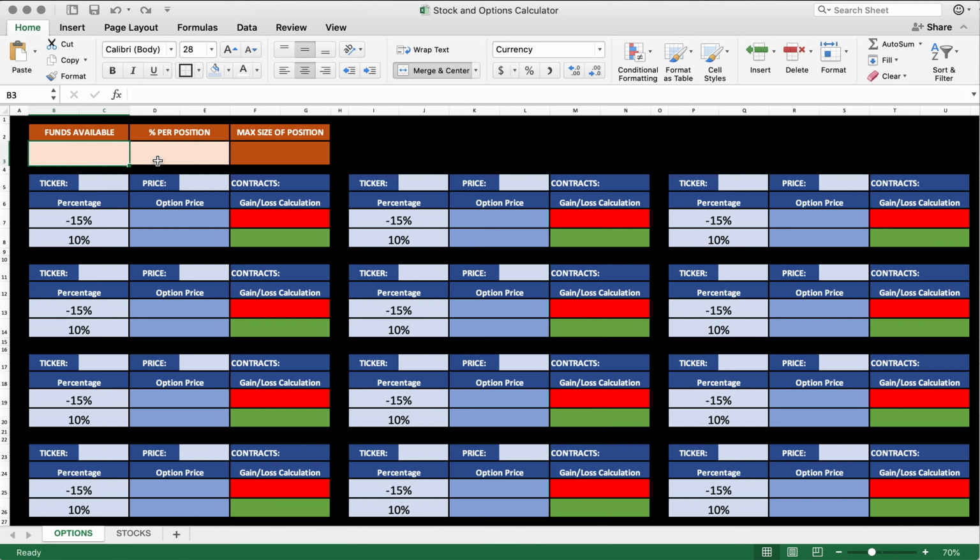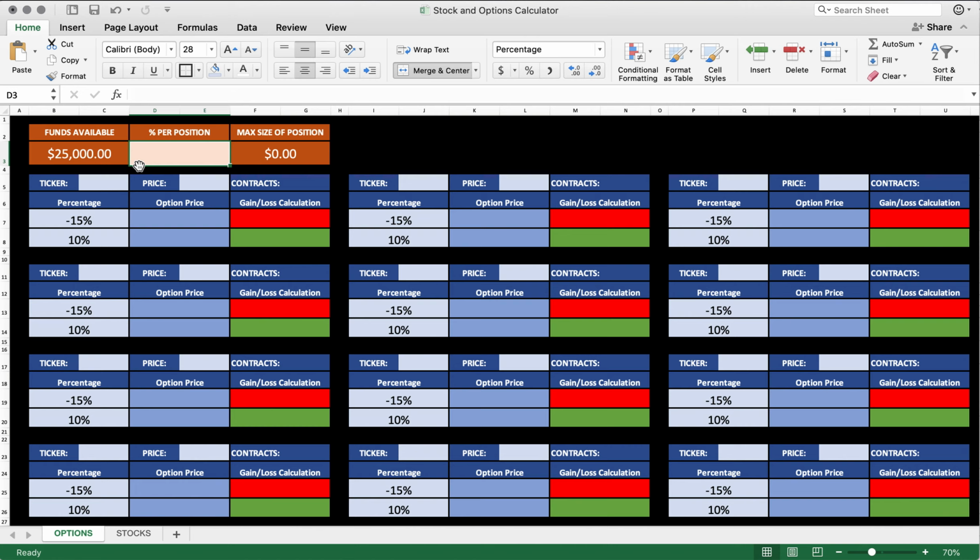The first one is your available funds. Let's say you have $25,000 available in your account to use to trade. You put that in, it automatically changes to a dark cell, so you know you've already input it, and it takes your eyes away from it. I felt that the light cells helped focus your eyes on what needed to be inputted.